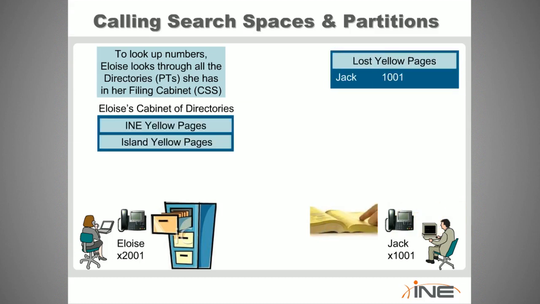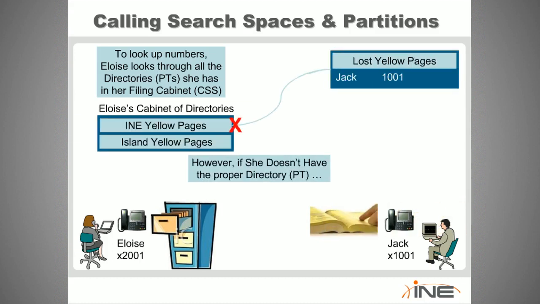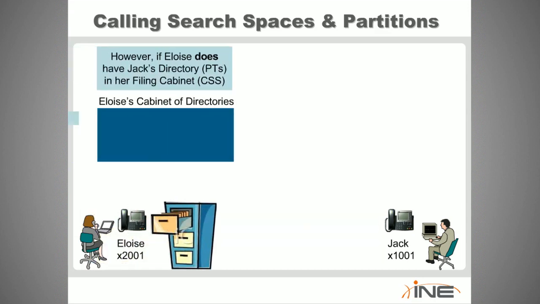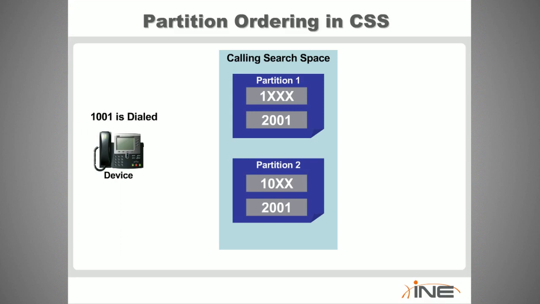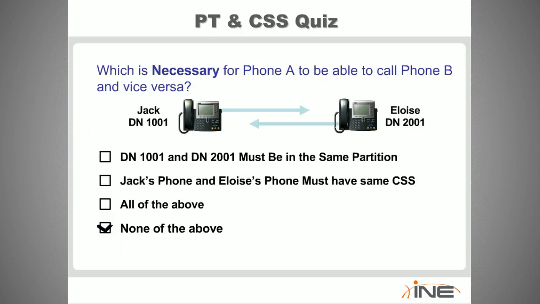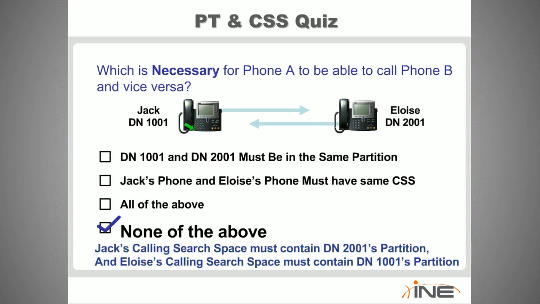Okay. So I didn't hear too many questions in there, so I'll assume that everyone understands that's live. And for those of you watching this recorded who still don't have 100% clarity on that, I would recommend you hit pause and rewind and go back to understand that DNs in the same partition mean nothing, phones in the same CSS mean nothing.